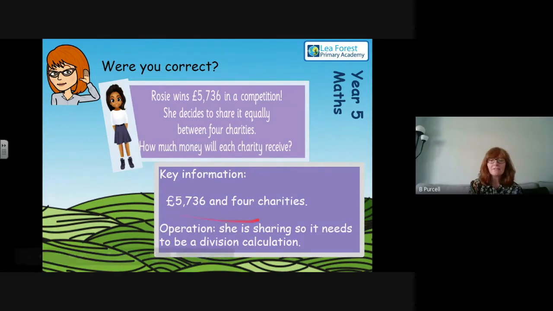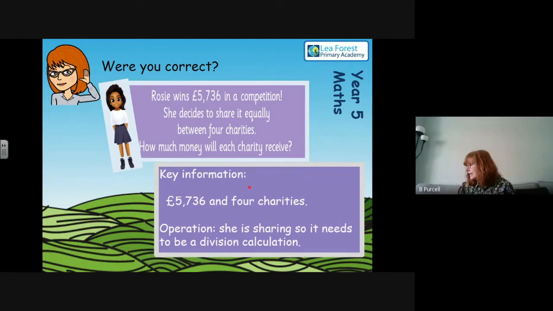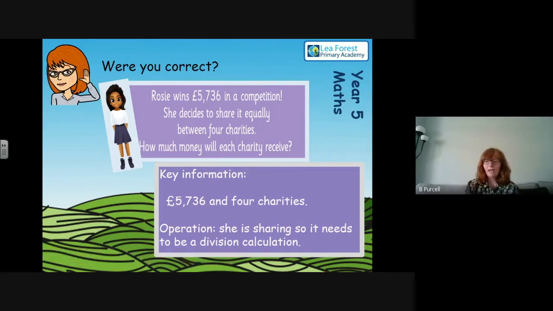So that's our key information. They're the numbers that we're going to be working with to solve this problem. Okay, and operation, she's sharing. So it needs to be a division calculation. Division always means we're sharing out.